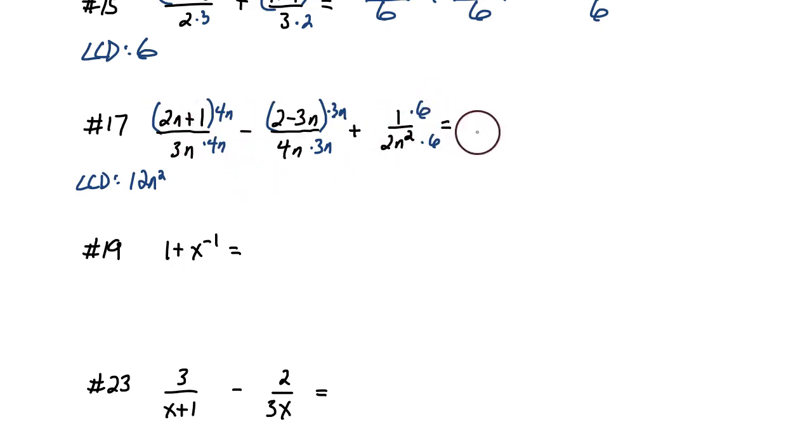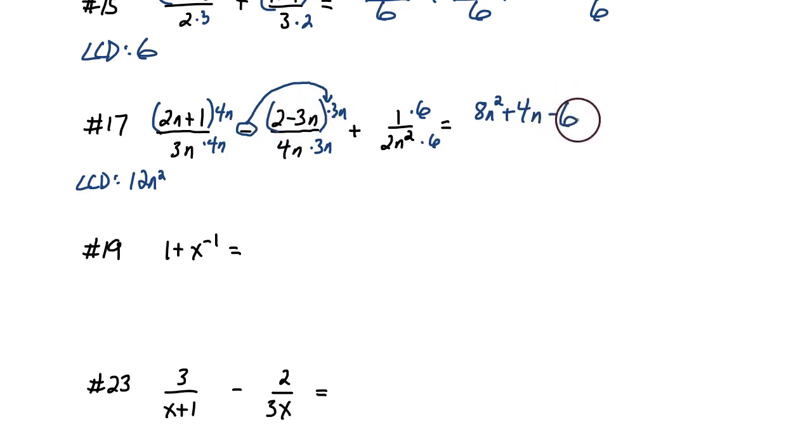Let's rewrite this using our new denominator. 4n times 2n is 8n squared. 4n times 1 is positive 4n. Now we have a minus sign. Make sure you distribute that negative with that number that you're timesing to these. So think of it as negative 3n times 2.